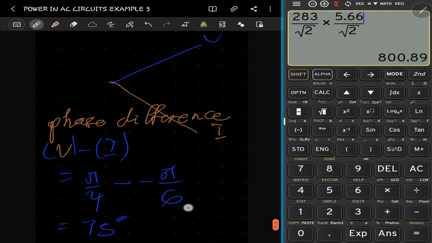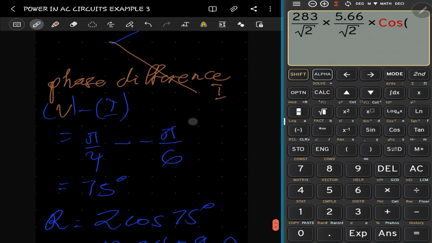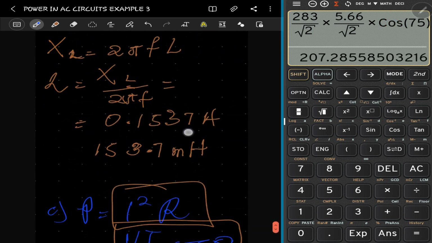Now we have that, multiply by cos of the phase difference, which is 75, right? Clearly it gives us the same answer again.